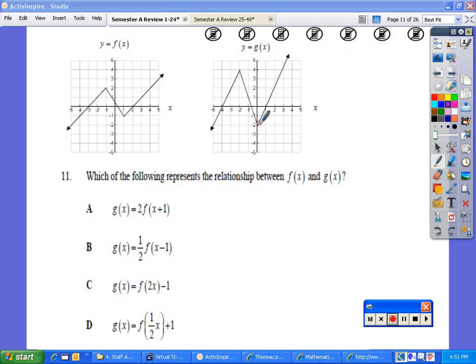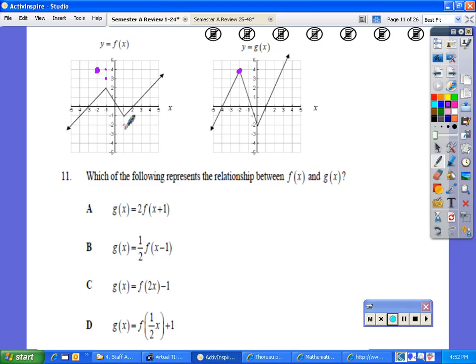You see how it changes: this side goes down 2, and then this side looks like it goes up to 4, so up 2, and then it goes left 1.